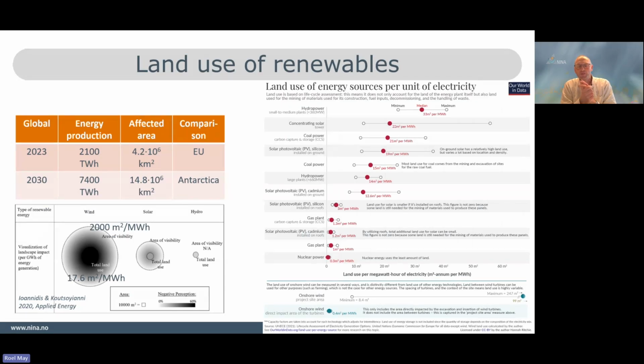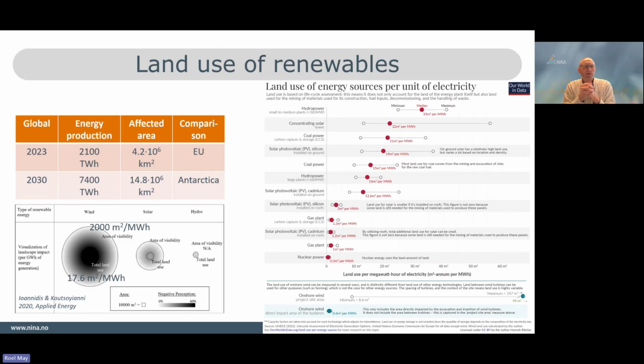And is land important to consider? Well, here are some numbers to make the point. If you look at these different types of energy sources, on the top level you have hydropower, which takes up quite a lot of land, but at the bottom and on the side you can see that the direct impact of wind turbines is quite minimal.